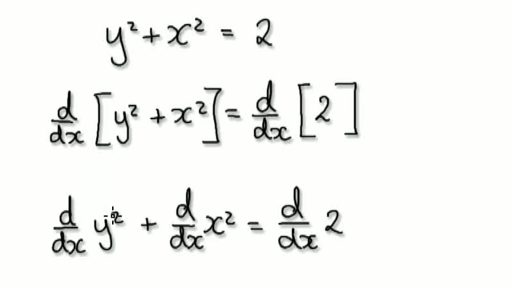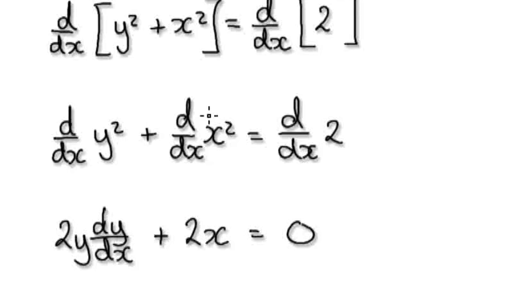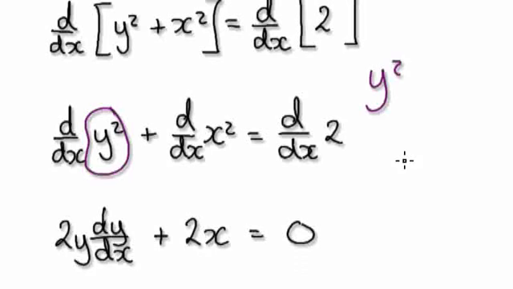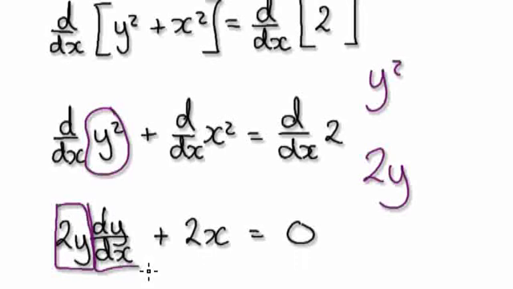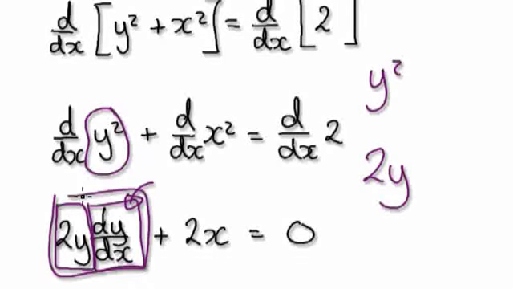But here's the thing. This bit here, you've got to differentiate y squared. Now this here is just a technique. When you differentiate y squared, you differentiate the y squared as normal, so it'd be 2y. But then you've got to times it with this thing here. Now this is a bit that confuses everyone.